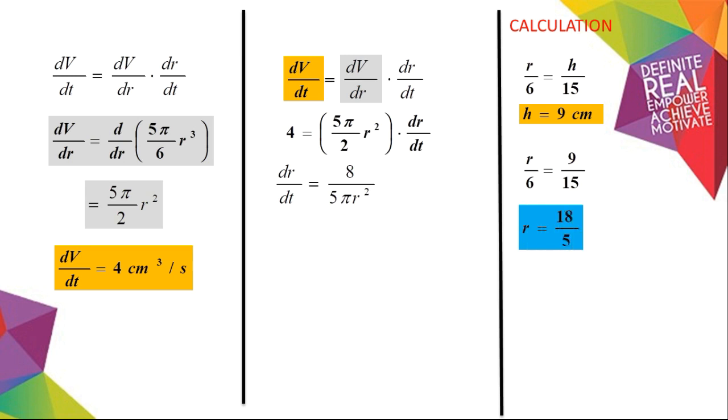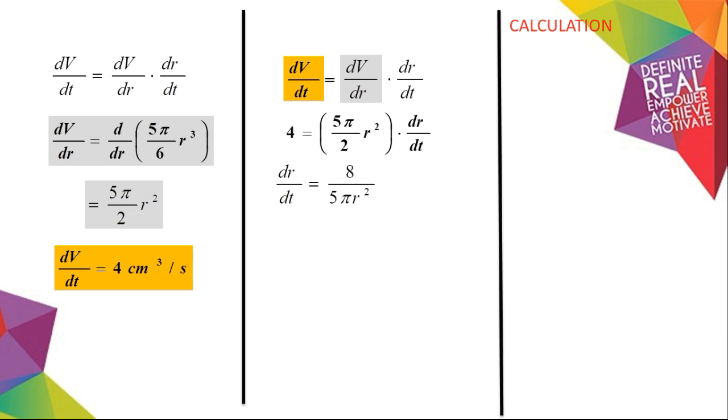So dr/dt at h equals 9 cm represents dr/dt at r equals 18 over 5. By substituting r equals 18 over 5, we obtain dr/dt equals 8 over 5 pi times (18 over 5) squared.